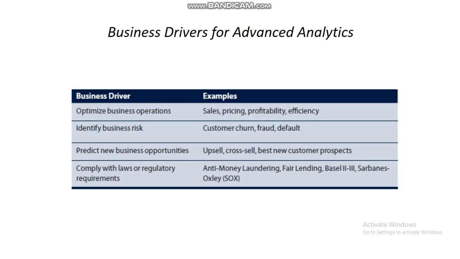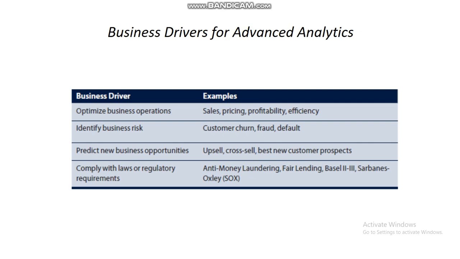Talking about predicting new business opportunities, here you can say upsell, cross sell, and best new customer prospects. Talking about the business driver of complying with laws and regulatory requirements, the standard examples are anti-money laundering, fair lending, Basel 2 and 3, and Sarbanes-Oxley.